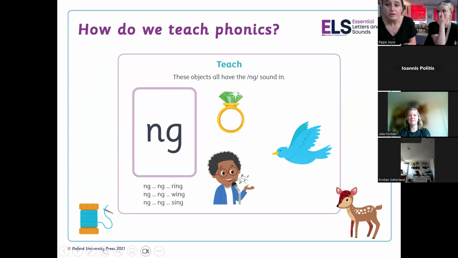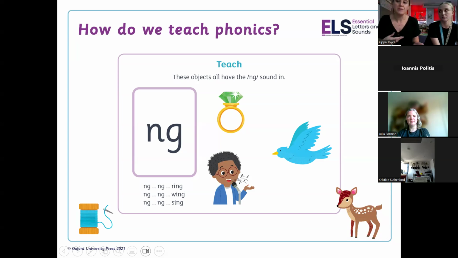You're not asking them, can you think of a word that has this sound? You're telling them, you're showing them, you're teaching them ring, wing, sing, and then they repeat it back. And they might come up with other ones, great, but you're not trying to trick them or test them on it. You're constantly giving, and then they can learn it.